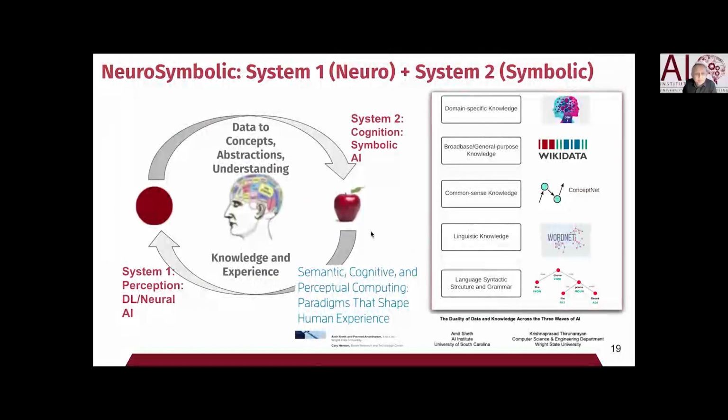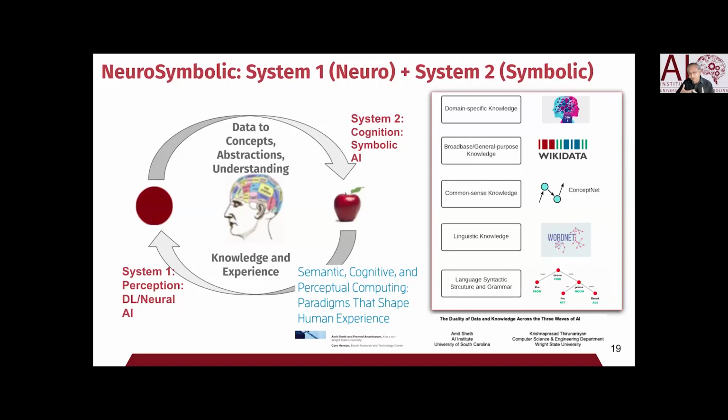Okay, great. So what needs to happen is that we need to combine the System 1 kind of thing that Daniel Kahneman talked about, which is based on neural net technology, with System 2, which is a symbolic technology.